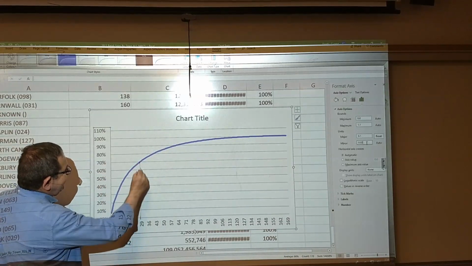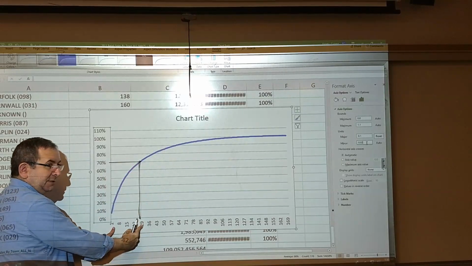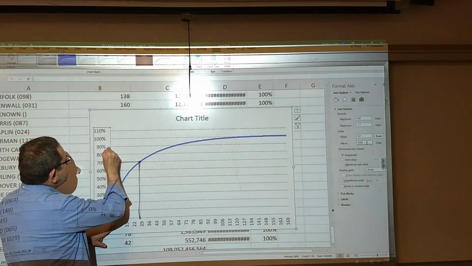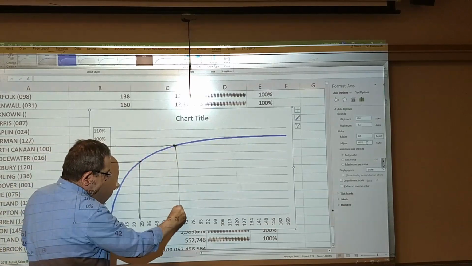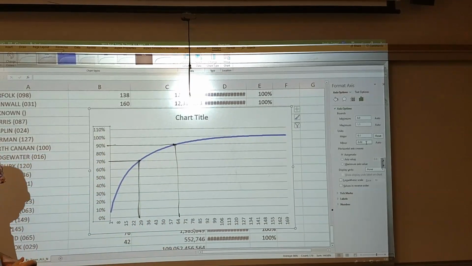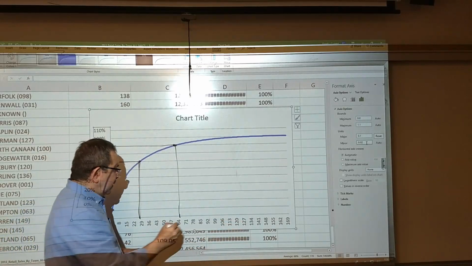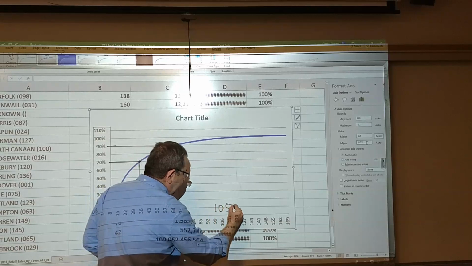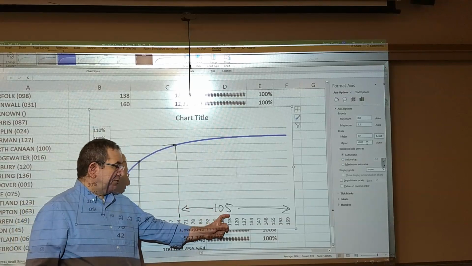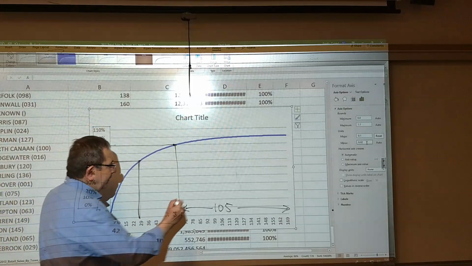So the first 29 municipalities account for 70%. And then let's look at 90%. The first 64 account for 90%, and the remaining, so this is 169, so this is 105. The least selling 105 municipalities account for 10%.